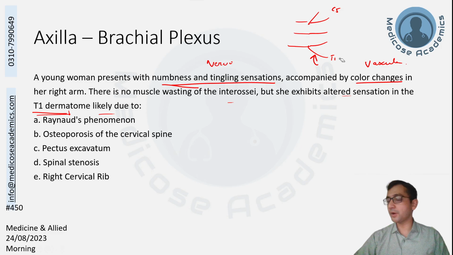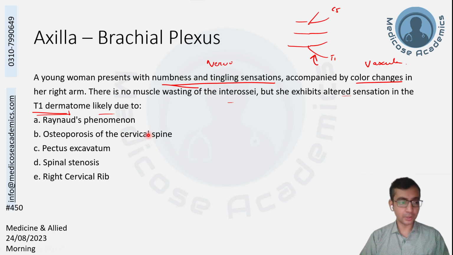So you will have to find a cause that affects the lower cords of the brachial plexus or the T1 nerve. Raynaud's phenomenon? No, because that is oversensitivity or overactivation of the sympathetic system to cold.